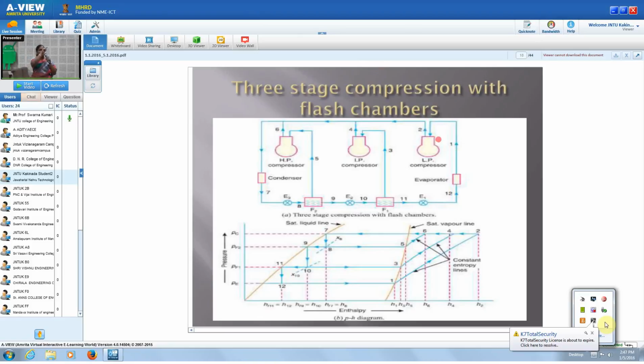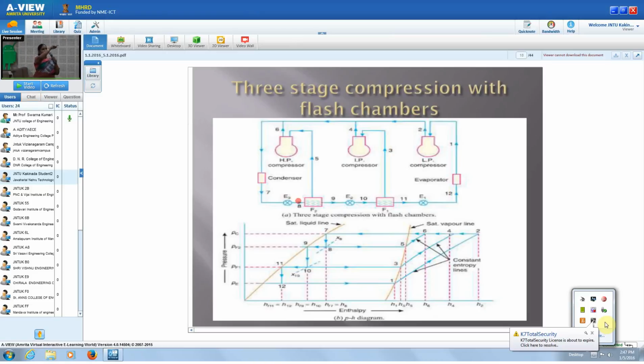At 2 it goes directly into the other compressor, and similarly 3 to 4 is compression, 5 to 6 is compression. Then all this discharge vapor goes into the condenser for condensation. Finally the vapor is condensed to 7. Then 7 to 8 is expansion in E3.